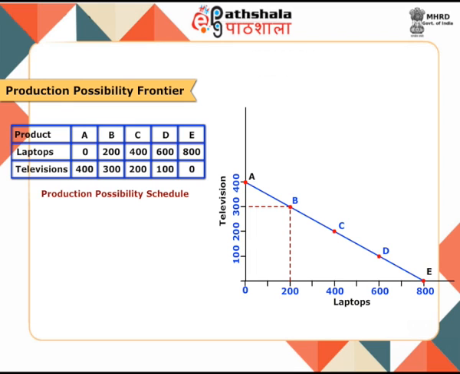Thus, we see that in moving from point A to point B, the economy exchanges or foregoes 100 units of television to produce 200 units of laptops. And likewise, throughout the PP frontier, we see that resources are exchanged or transferred to produce more or less of one commodity in exchange for another.